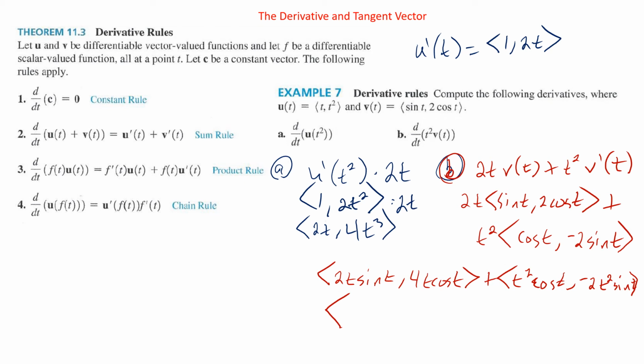So we have 2t sine t plus t squared cosine t, comma, 4t cosine t minus 2t squared sine t.